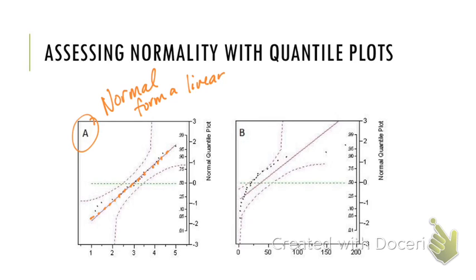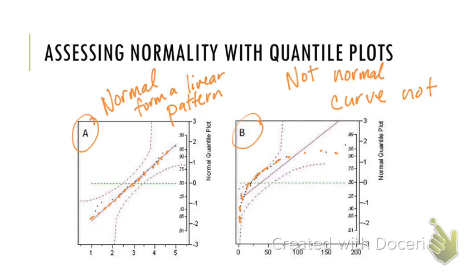They look like they're in a line. Graph B would be not normal because they are more in a curve, or not linear. They don't need to be curved. If they're not linear, then that means they're not normal.